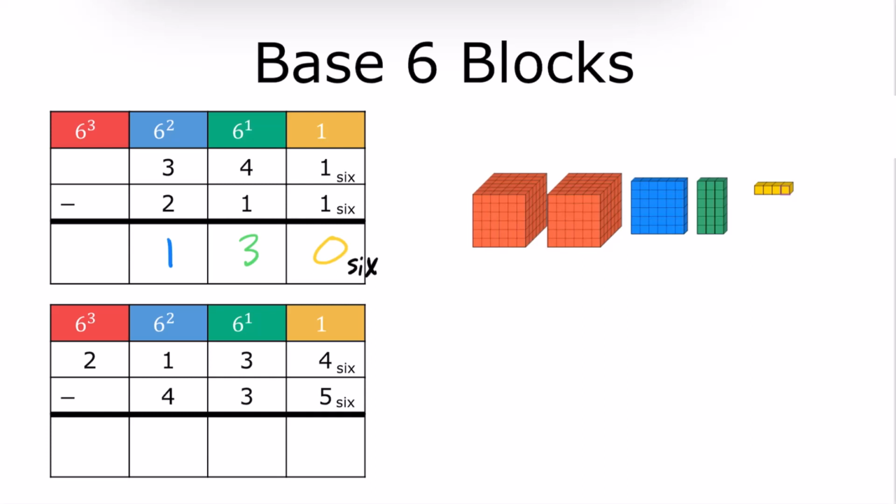So let's start with the units, but since I only have 4 units and I want to take away 5 of them, I'm going to need to take one of my rods and exchange it for units. So I'll exchange it for 6 units. Basically what I just did there is I'm going to cross off my 3 and say, well, now I have 2 rods, but I have 14 of my units, because I have 6 units that came from the rod and then 4 units that came from the units I already had.